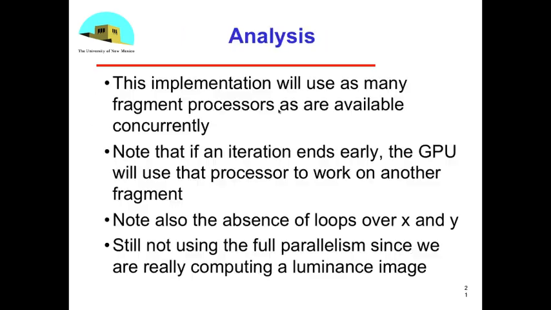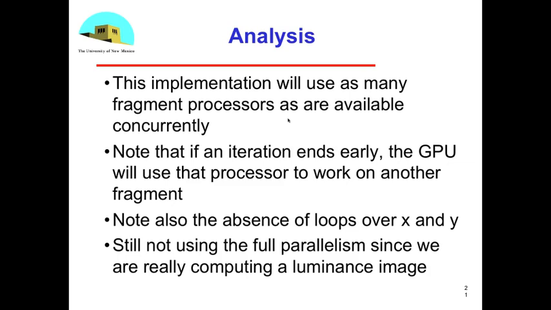Now, if you look at that closely, it gets much more interesting because look, what is it going to do? You've sent over a rectangle. That rectangle is being rendered and the rasterizer is generating these fragments as fast as it can. So if an iteration stops because the value of the magnitude squared was bigger than 4, what happens?